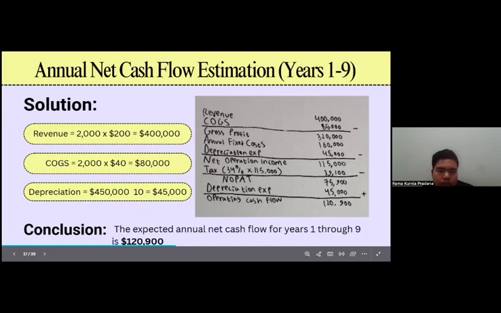For the solution, first we calculate the revenue by multiplying 2,000 units by the selling price of $200, which gives us $400,000. And then the cost of goods sold is 2,000 units times $40, resulting in $80,000.